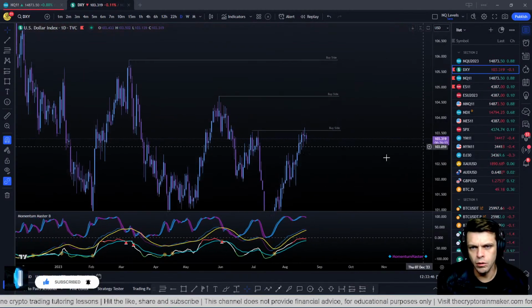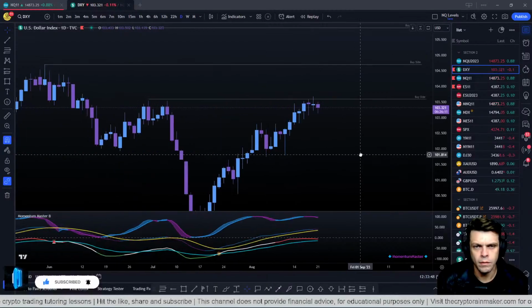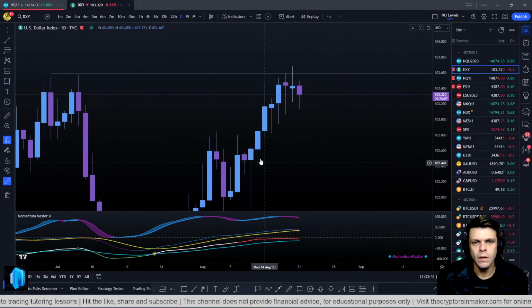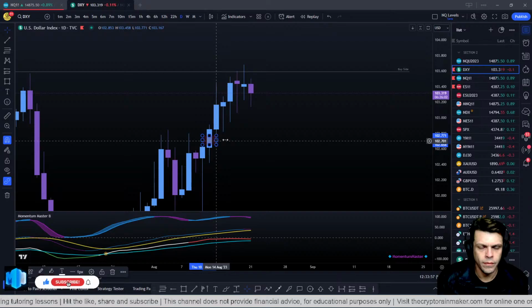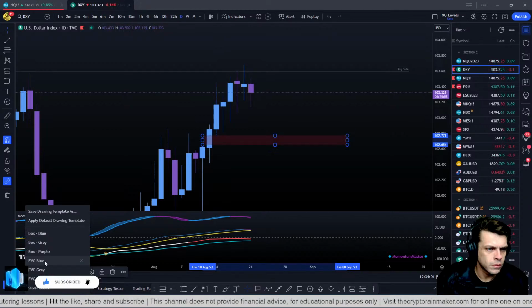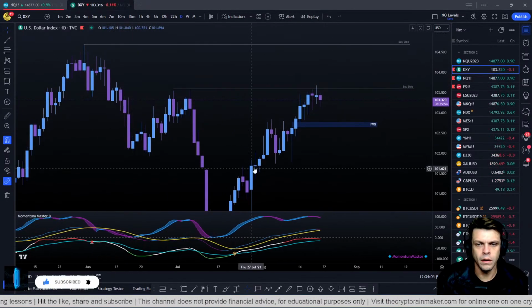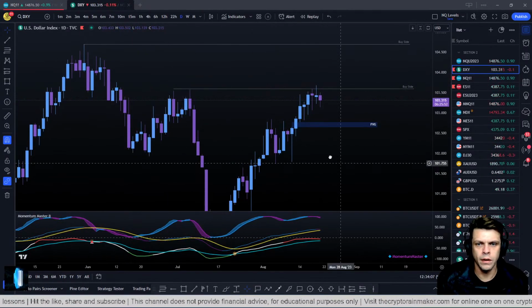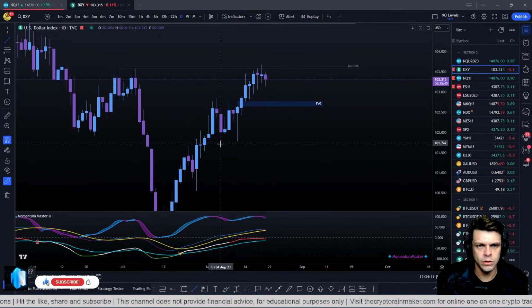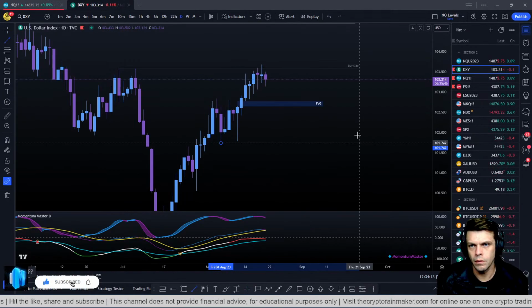So let's have a look below. Let's give this a different color, make it blue. And then the opposite of what we have right here is the relative equal lows. So this is where our sell side liquidity will be.